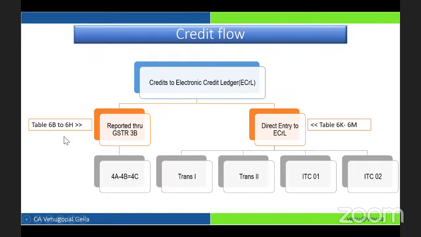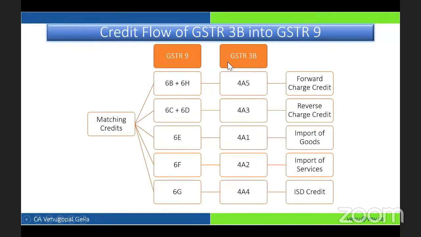Now we will understand from where the data flow of GSTR-3B will be matched with your GSTR-9. GSTR-3B table 4A5, where we disclose all other ITC, that data will be there in table 6B and 6H. Reverse charge: that data we show in 4A3, which you have to report in 6C and 6D based on the registration of your supplier.